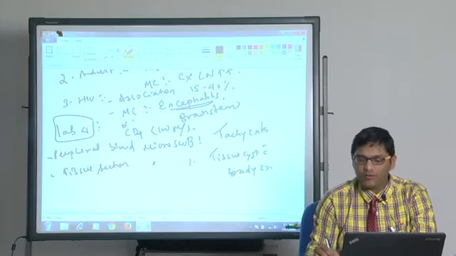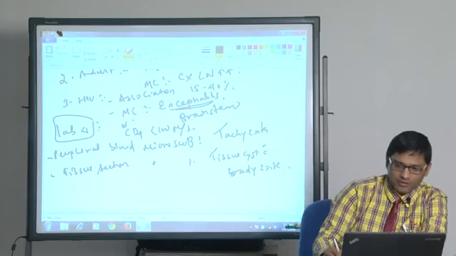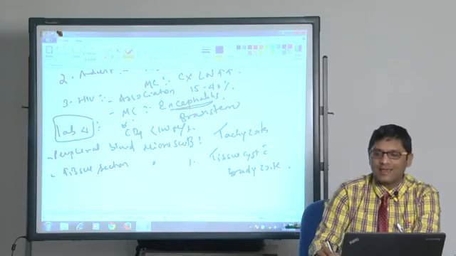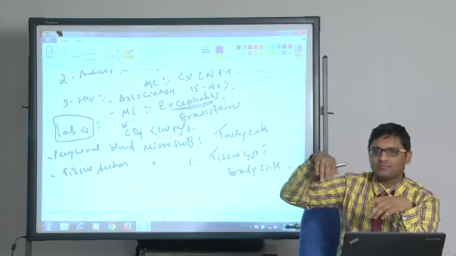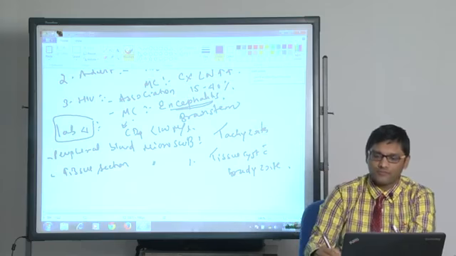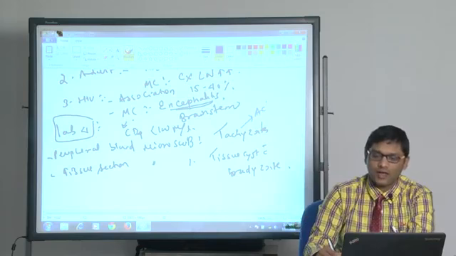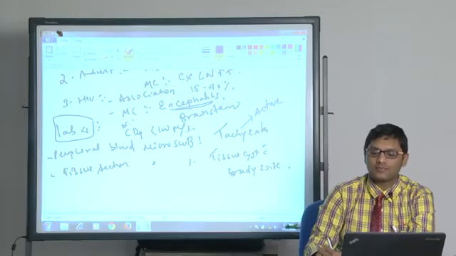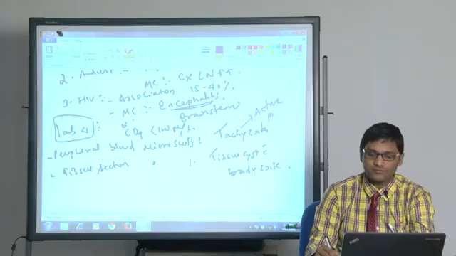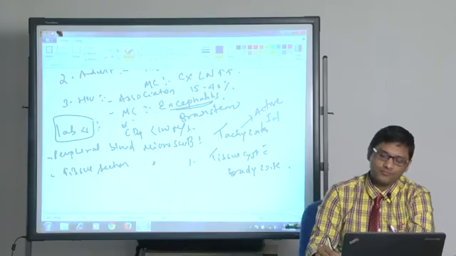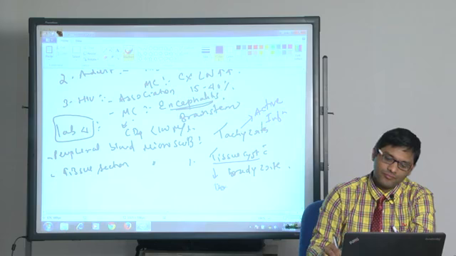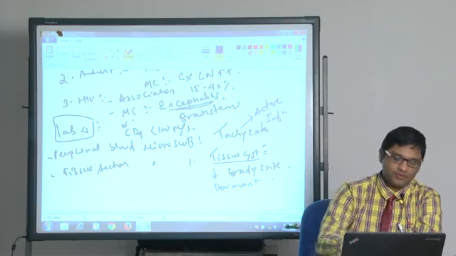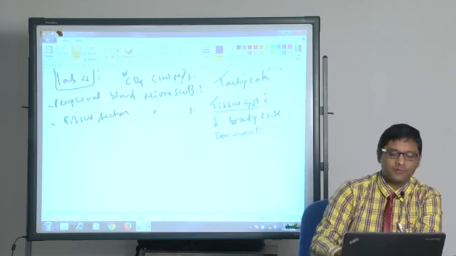Which is more important, which indicates active infection, which indicates dormant? Tachy and brady, what is the difference? Tachy is active, brady is dormant. So tachyzoite presence is more important than tissue cyst. Okay. So this is about microscopy.